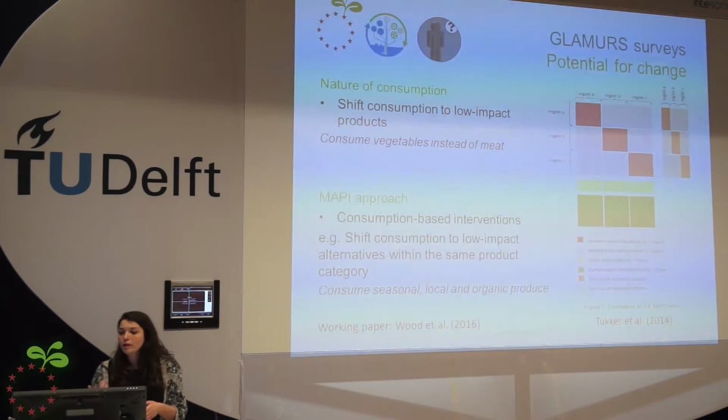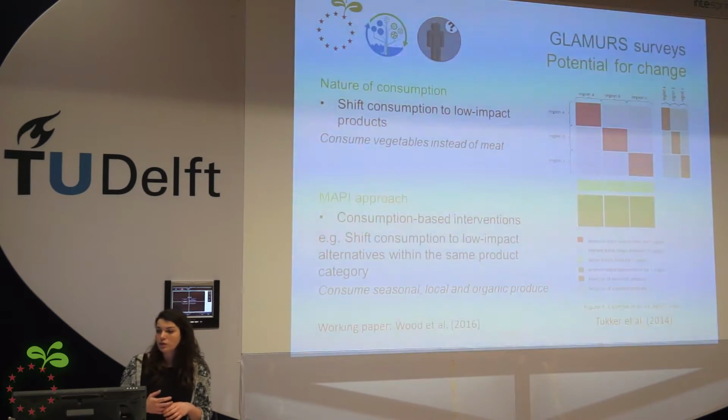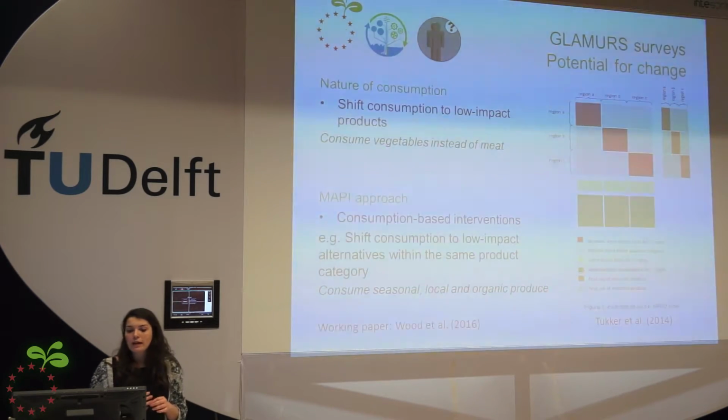But at the same time, we're able to estimate other changes that would stay within the same product and within the same category. For example, switching to an alternative with different production or different distribution embodied in it. So that would be, for example, what will be the effect of us consuming seasonal, local, and organic produce. And the way we do that is through this MAPI approach.